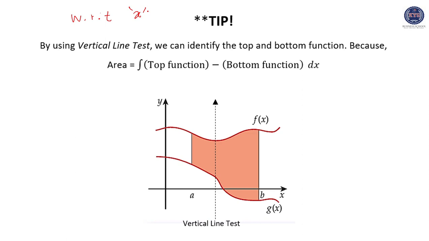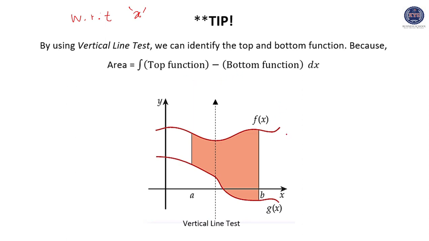So we can identify the top and bottom function, because area is equal to the integral of the top function minus the bottom function. Atas function tolak function bawah.